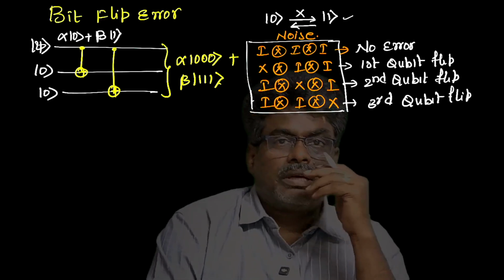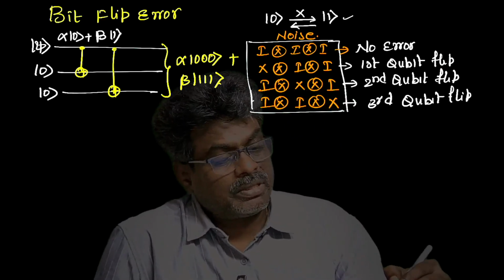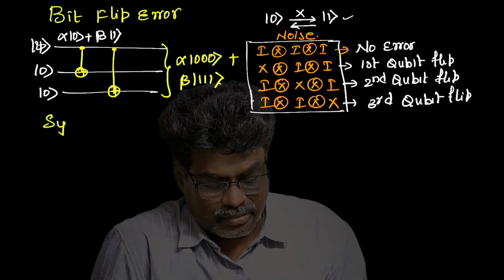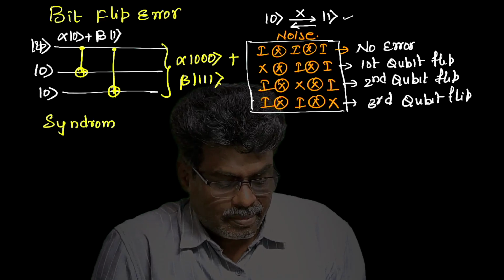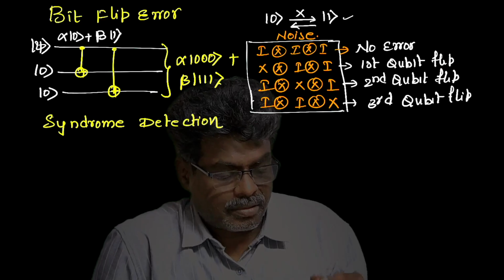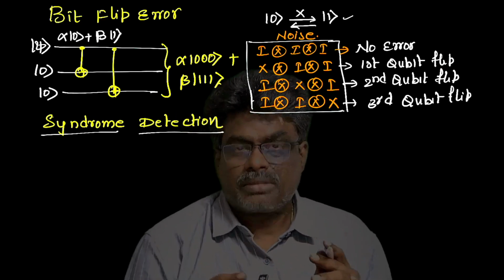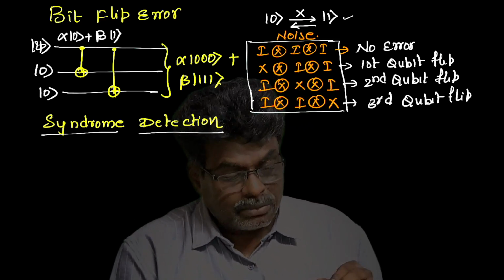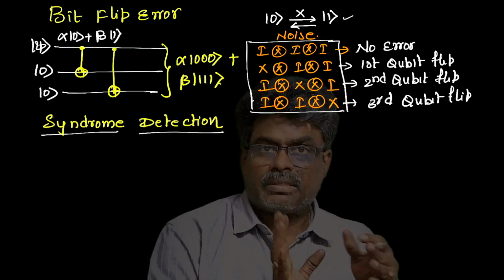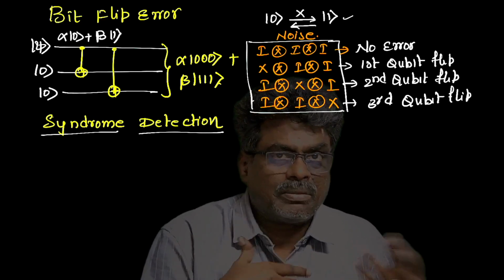Now the question is how to detect it and how to correct it. First let us talk about the detection, that is syndrome detection. In this syndrome detection, first let us take the circuit. Here we have 3 qubits, because after getting some noise, maybe the first bit or second or third one may be flipped.